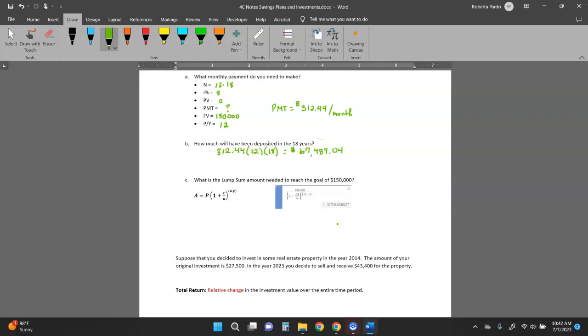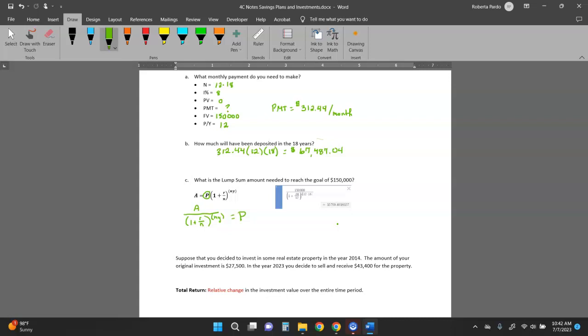If we do this as a lump sum, now we're solving for P. So what I need to do is take A, because this is a multiplication problem, 1 plus r over n to the ny power will give us what P is. So I have my $150,000, 1 plus 8% every month for 18 years.